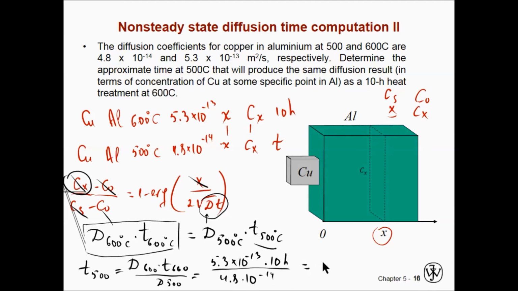So it will be 110 hours. So what we have is, when we decrease temperature by 100 degrees Celsius, it takes 11 times more time to get the same concentration at a certain distance.